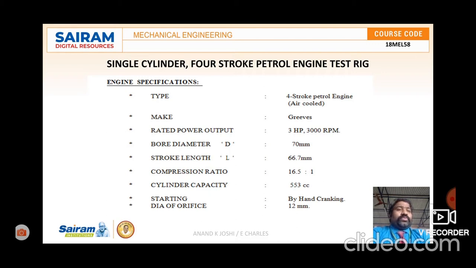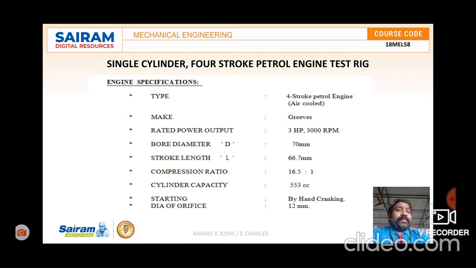This is the 4-stroke petrol engine, which is air-cooled, and it is made by Greaves. The power output is 3 HP, that is 3 horsepower, at 3000 RPM. The bore diameter is 70 mm, the stroke length is 66.7 mm, and the compression ratio for that petrol engine is 16.5:1.